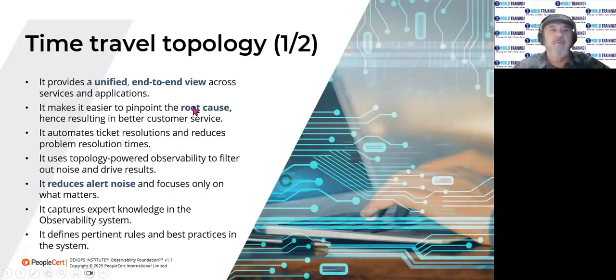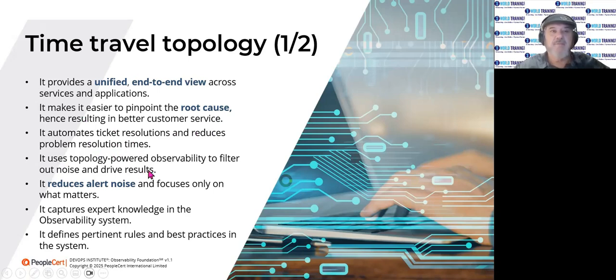So a time travel topology provides unified end-to-end views across the services and applications, making it easier to pinpoint the root cause of any problems, resulting in better customer service. It automates ticket resolutions and reduces problem resolution time, or at least it can help with that.